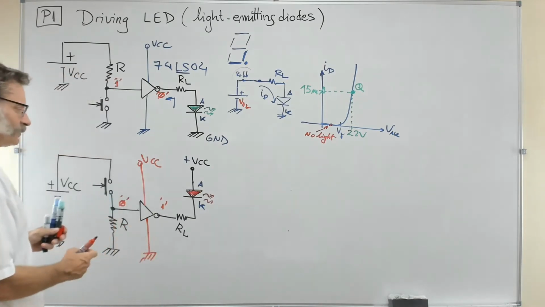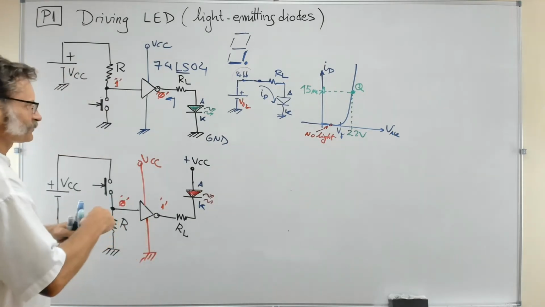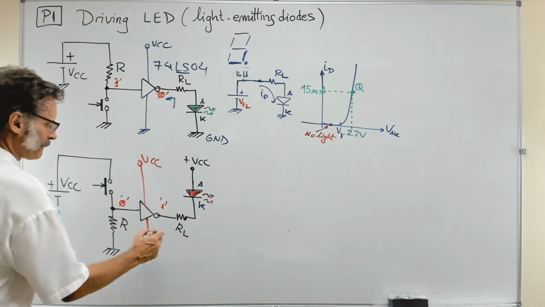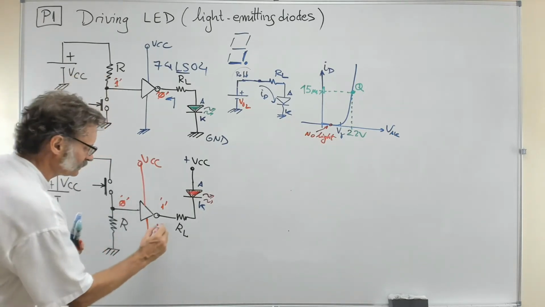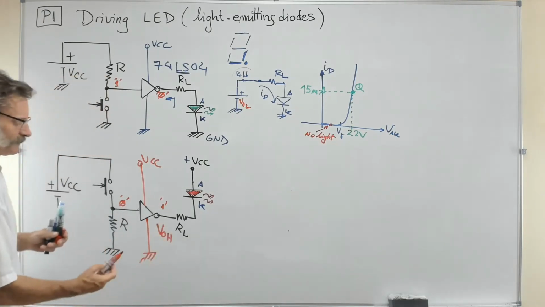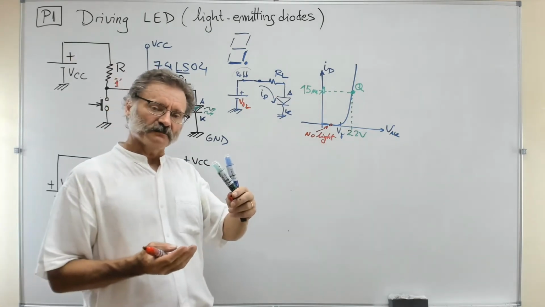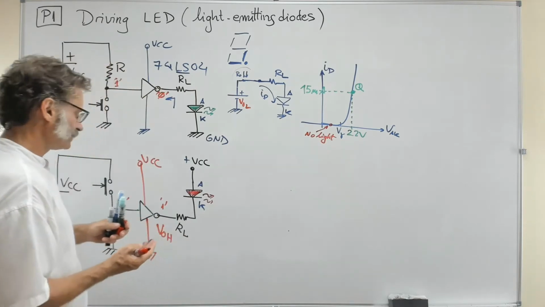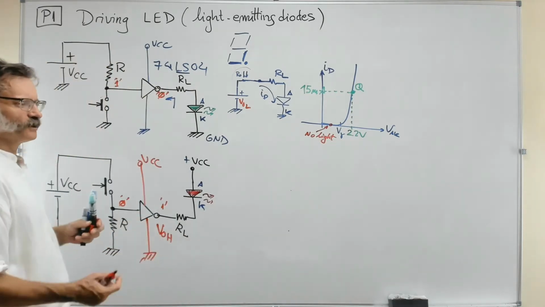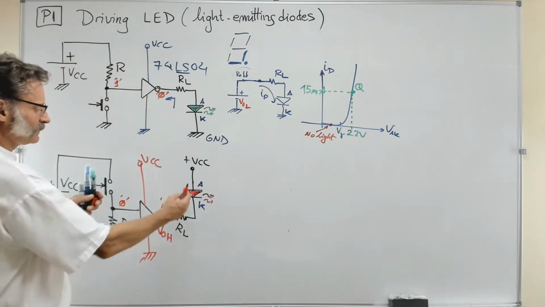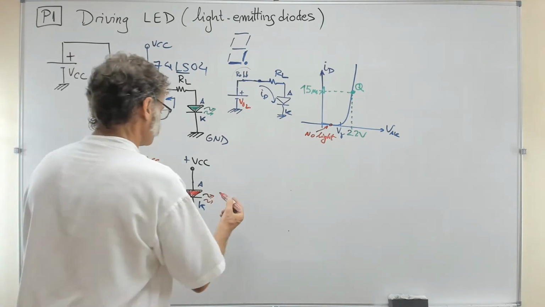But a logic true is not such a thing. Remember? VO high. And that can be very variable, maybe between 5 and 2.7, I guess.